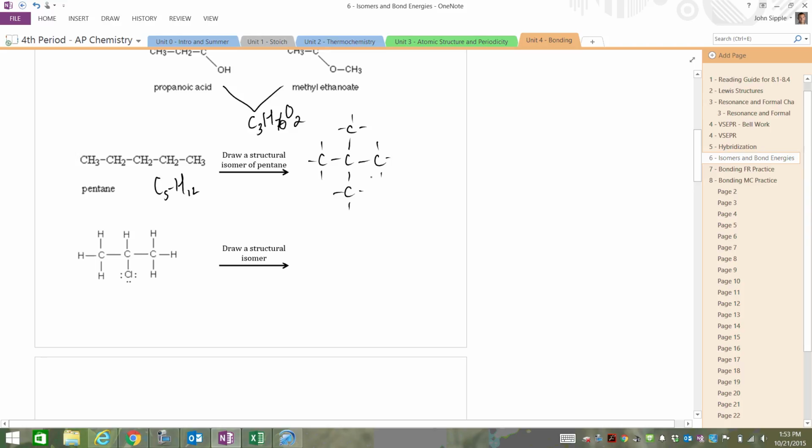And then there's 3, 6, 9, 12 hydrogens there. That's an isomer. So would this: 3, 4, 5, 6, 7, 8, 9, 10, 11, 12. That's an isomer as well.